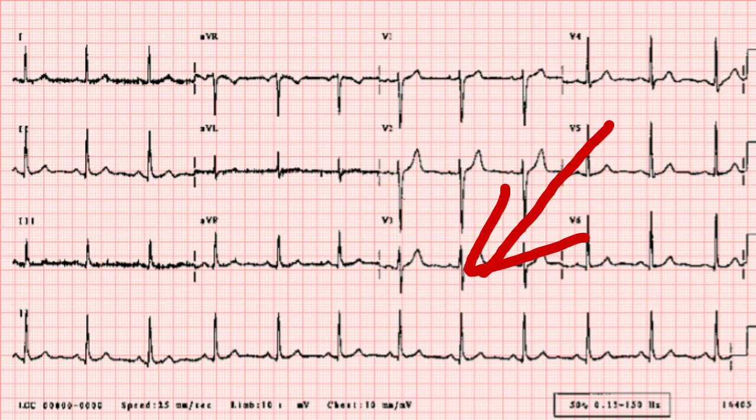This way you select from the rhythm strip a portion of 6 seconds and count the number of R waves in that selected segment of lead 2. Then whatever the number of R waves, you multiply it by 10. That will give you the heart rate. This is the third method.